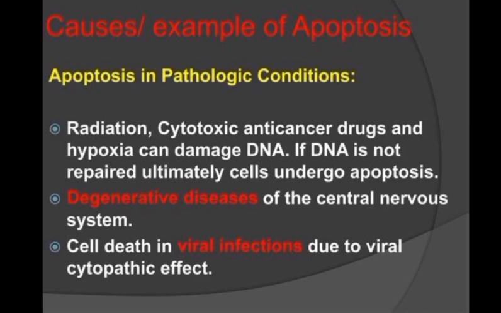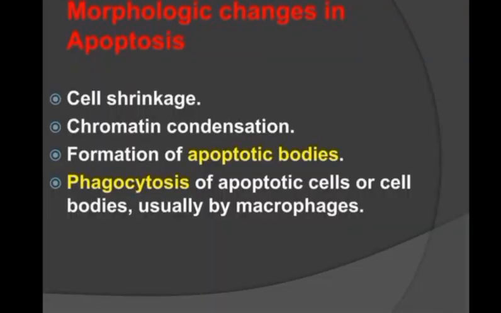In irreversible cell injury, the DNA will not get repaired and the cell will undergo apoptosis, a programmed cell death. Other examples include gene-related diseases of the central nervous system, cell death, and viral infections.